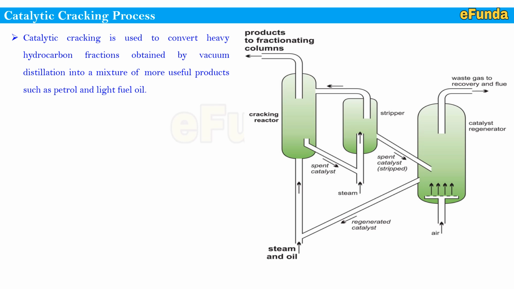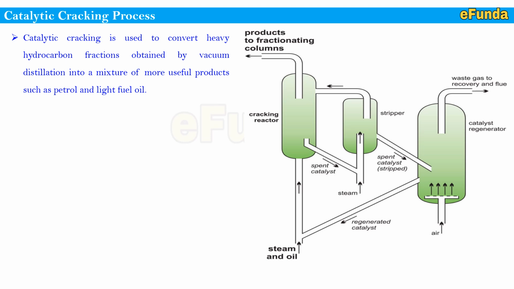the bottom, and then at the stripper the steam is again passed through, and then further into the cracking reactor the reactions will be done on the product using the catalyst.